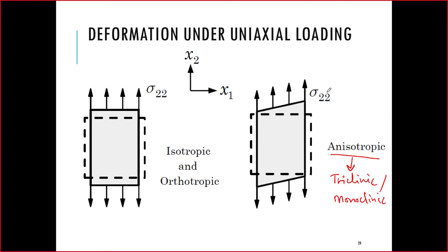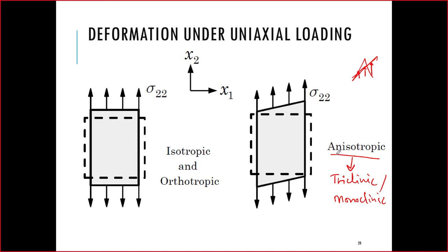Please note, ये sigma 22 uniform है. I am not, क्योंकि I am sure loads of you are coming from fluid mechanics and you just get too used to there being a profile. This is not सिग्मा 2 इस तरह increase नहीं कर रहा कि जिसकी वजह से वो इस तरह turning cause कर रहा हो. No, sigma 2 is completely uniform. This is happening because of the nature of the material.